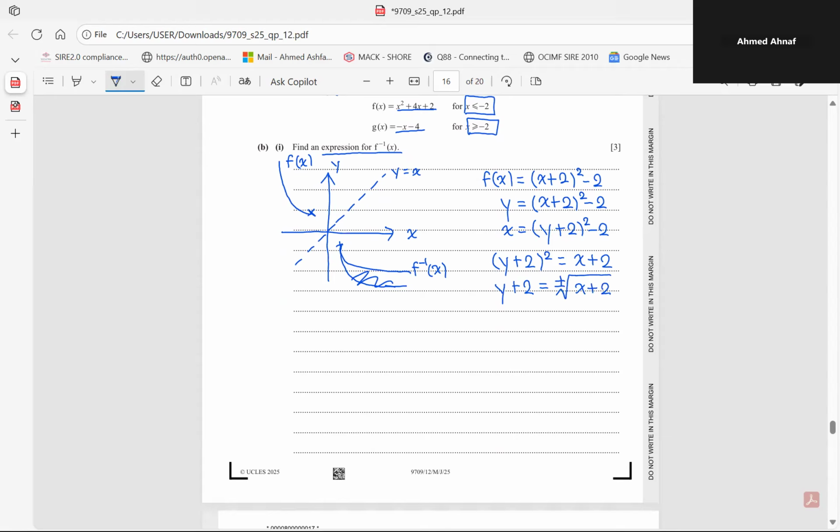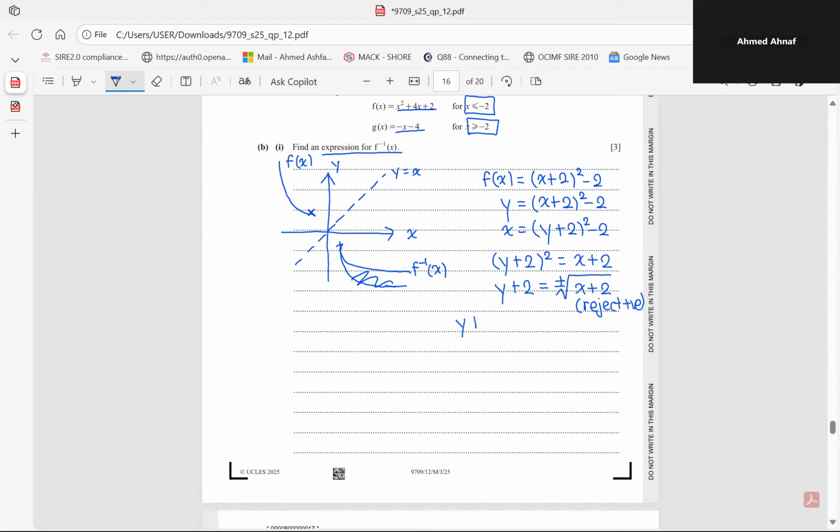So as you can see in our curve, the value of y is always negative in our case. So hence we have to take the negative square root, so we'll reject the positive.